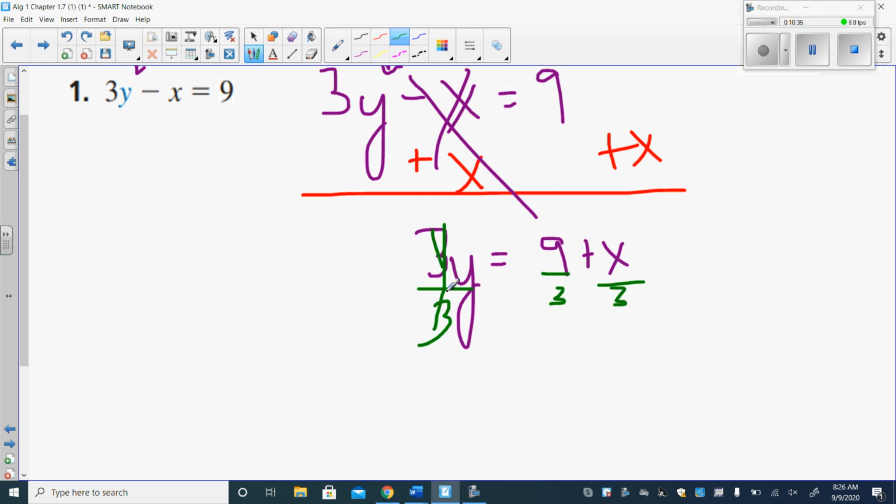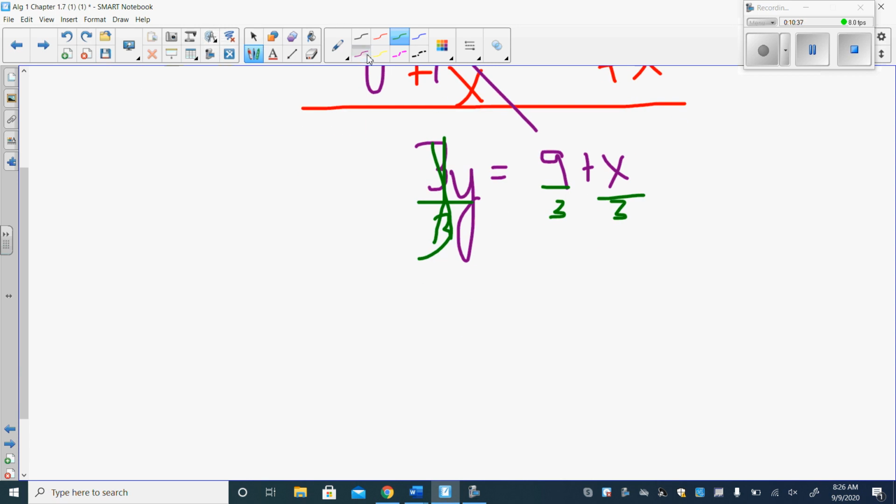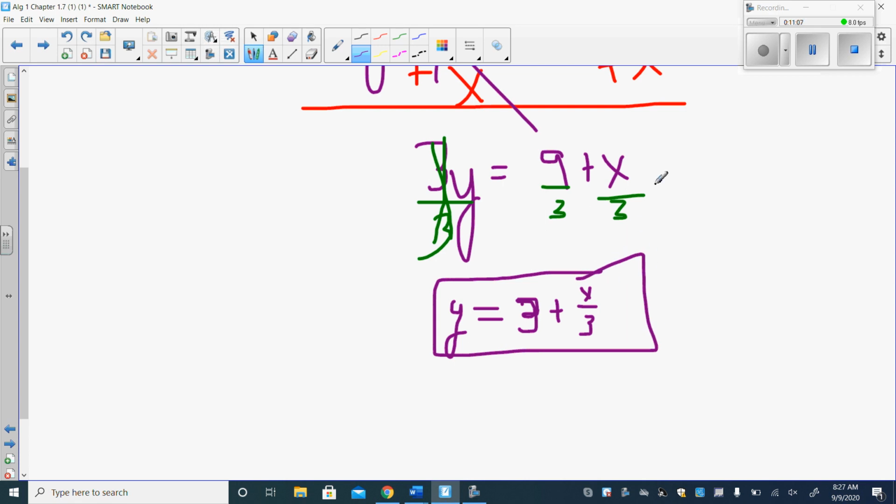And the reason we do the division of 3 is because 3 and 3 will simplify, leaving us with y by itself. And we have y is equal to, well, 9 divided by 3 is 3. So we will get 3 plus, well, x won't divide by 3, so we get x over 3, or 1/3 x. And that's our answer. That's all we have to do for this one.